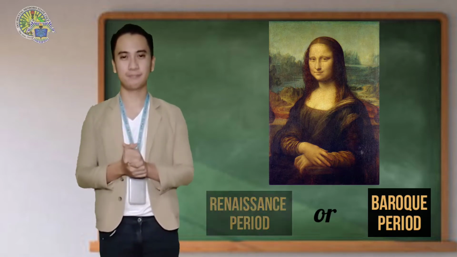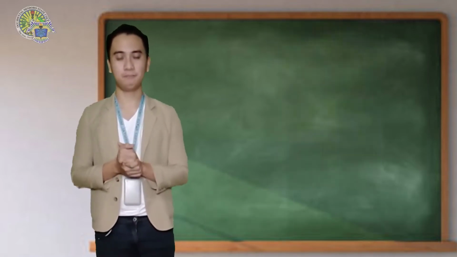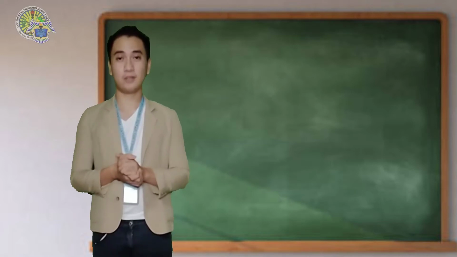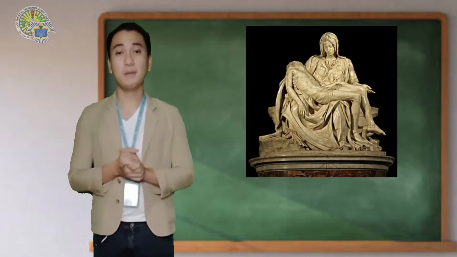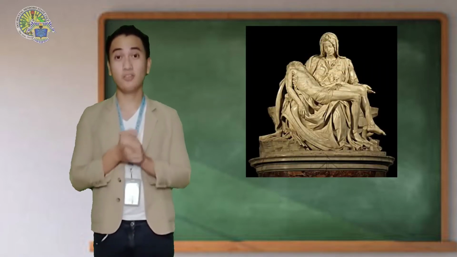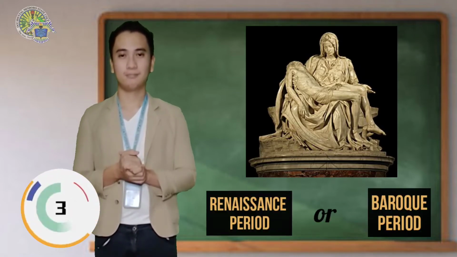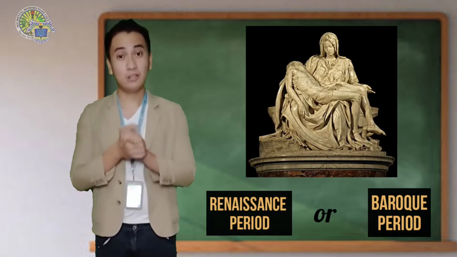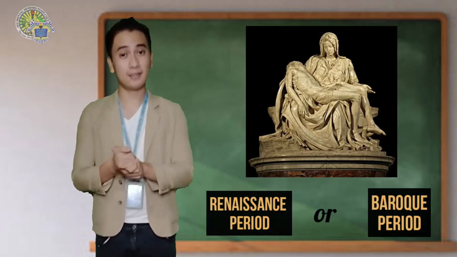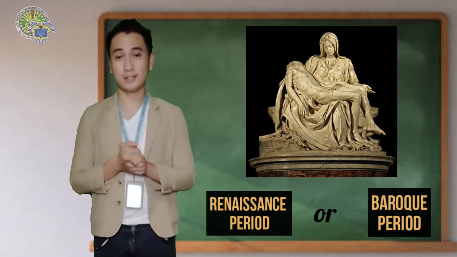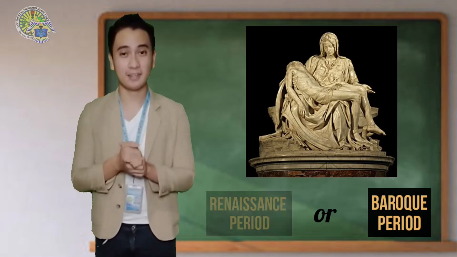Good job. Next picture. The next picture is Pieta by Michelangelo. Can you guess what period it belongs to? Did you choose already? Okay, if your answer is Renaissance period, you're right again.